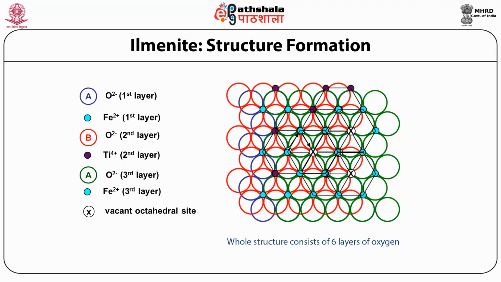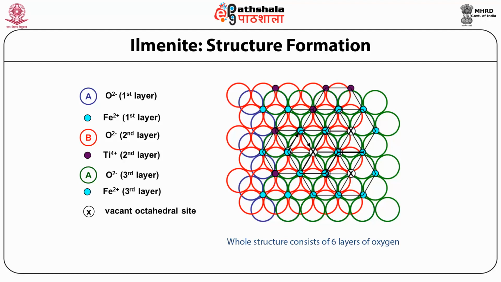Now in the present case, the A atom and the blue filled iron 2+ form the first layer. Then the second layer is formed over the first layer by filling the voids of the A layer. The second layer is formed by B circle atoms and the violet colored small atoms, that is titanium, and O2-. Similarly, the third layer is formed over the first and second, filling the voids of them.